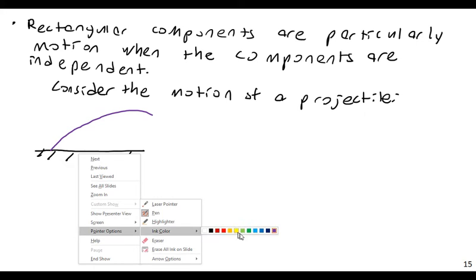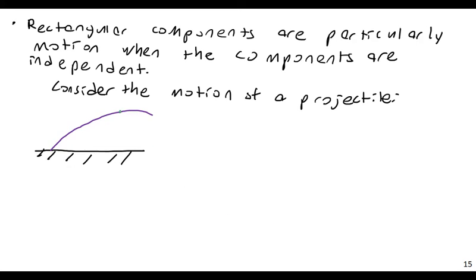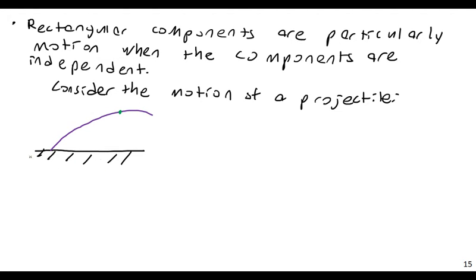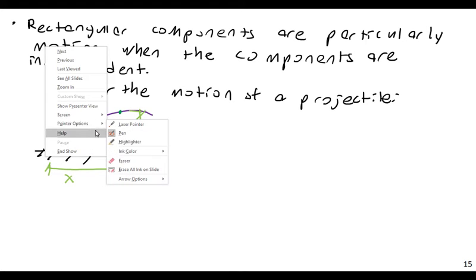So, say we have a particle at some position here. This is going to have an x and a y coordinate at any given time, and it would be launched with a certain initial velocity.